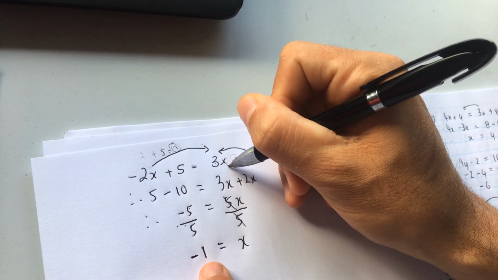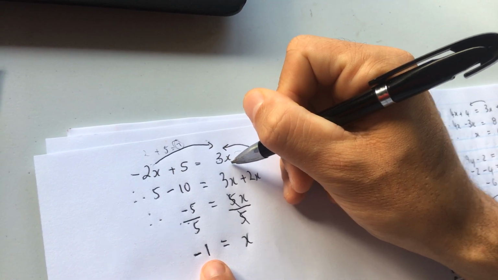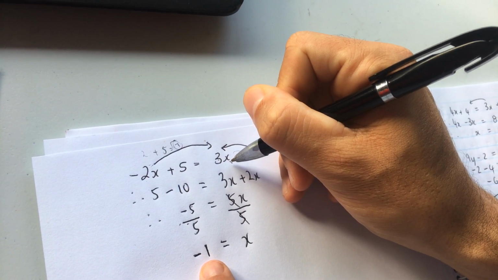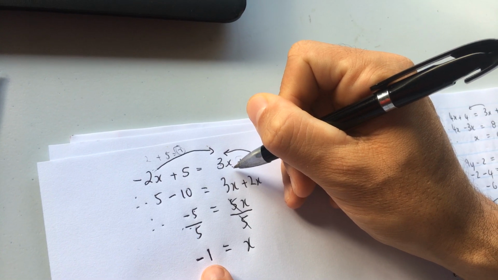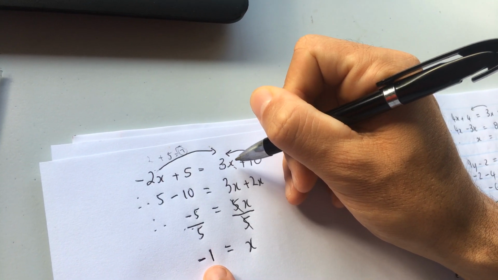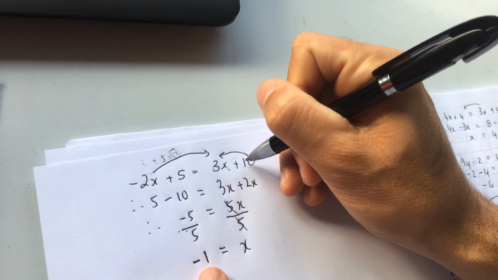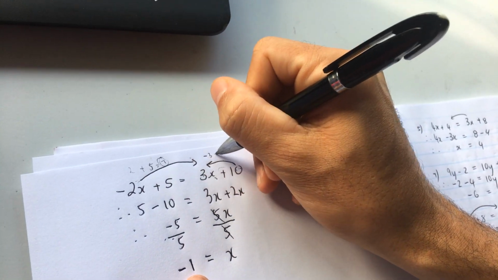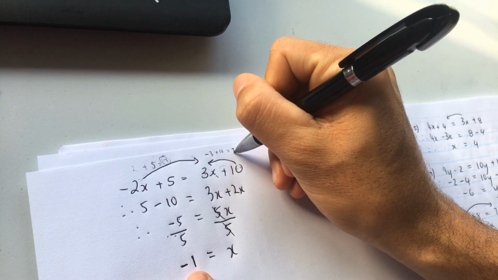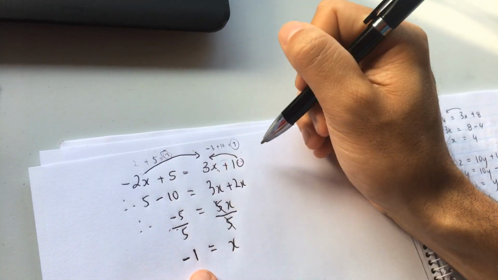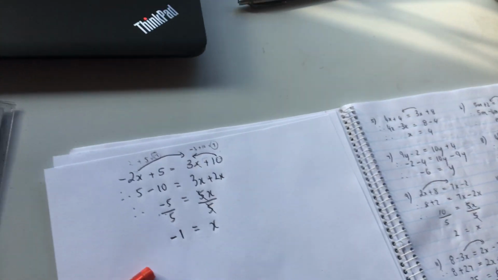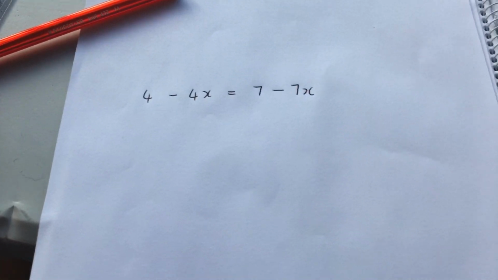What is x? Negative 1. So what's 3 times negative 1? If you don't know, you should know. You do it on your calculator, but that's bad. It's negative 3. So what's negative 3 plus 10? Negative 3 plus 10 is equal to 7. Are my two sides equal to each other? Yes. All right, let's have a look at our next one.